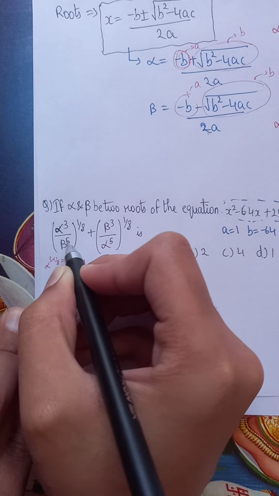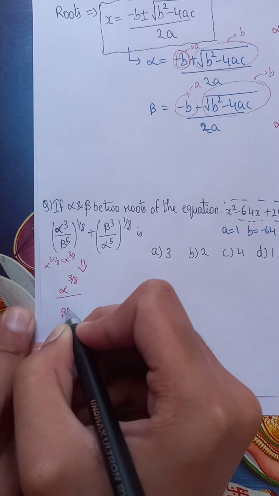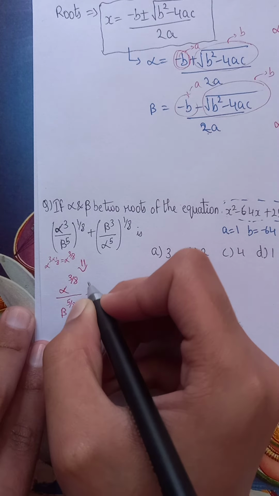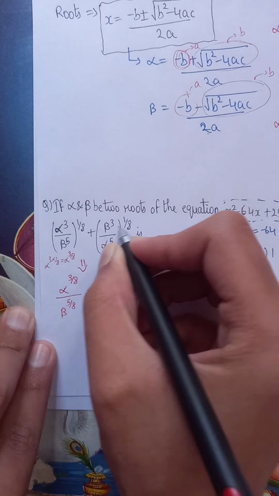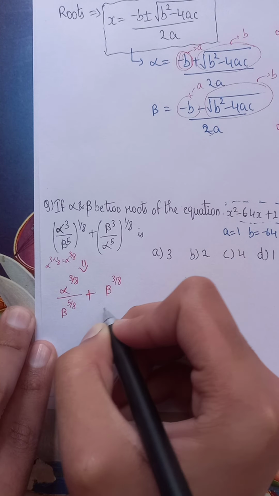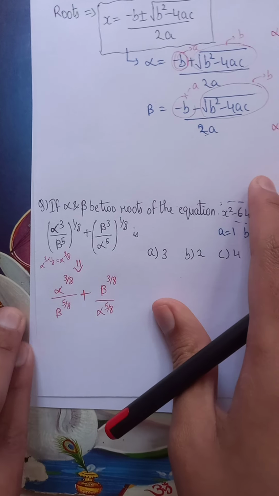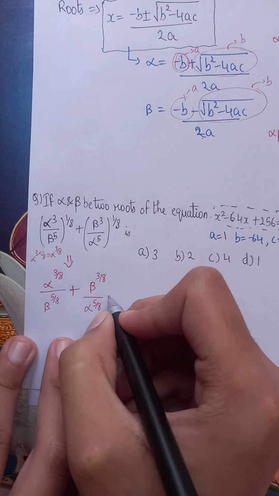In the same way in the denominator, beta power 5 into 1 by 8, beta power 5 by 8, plus the same way here also beta cube, again beta power 3 by 8 divided by alpha power 5 by 8.